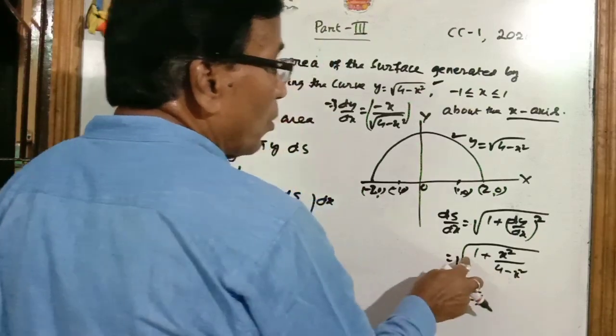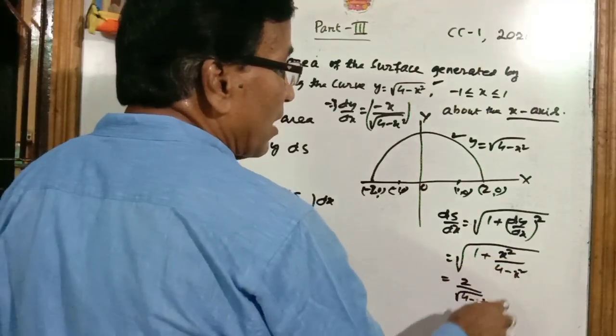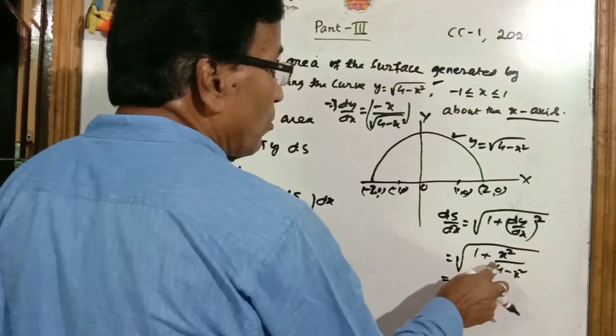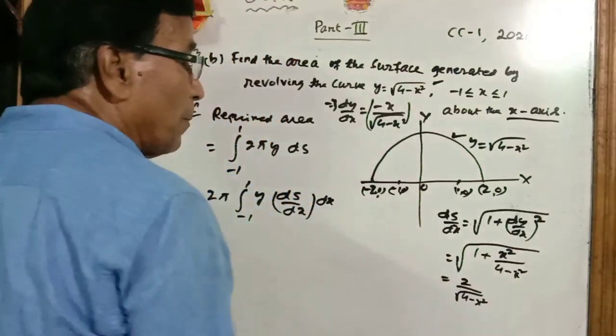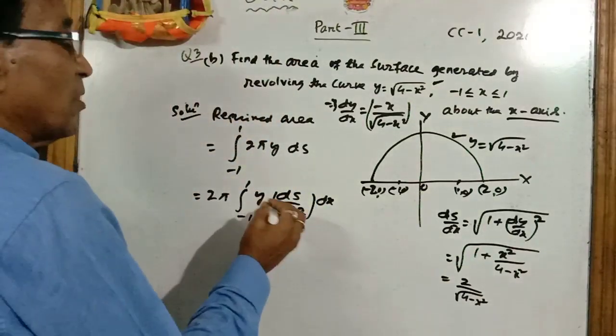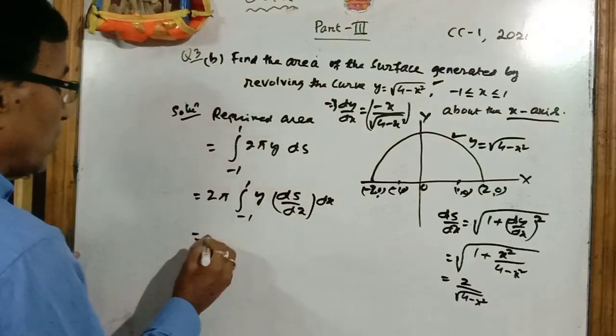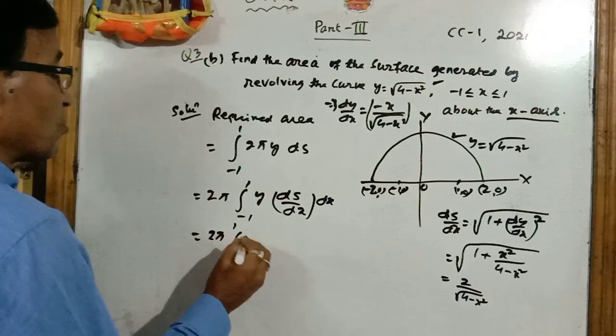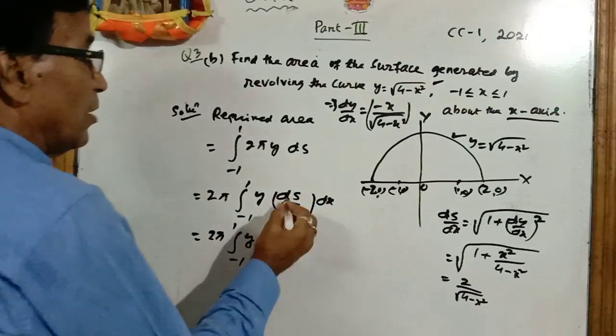This is the value of ds by dx. So the area is equal to 2 pi, integration from minus 1 to 1, y into ds by dx dx.